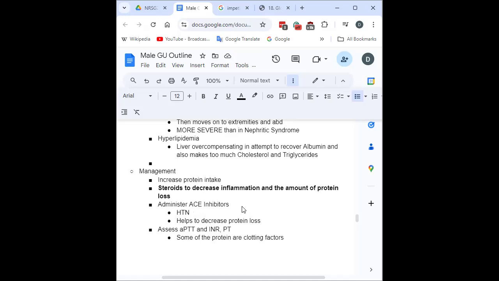So you'll see that for ACE inhibitors, and even though it's not in your notes, they can also give calcium channel blockers. Those can also be given for this purpose, specifically this purpose here.